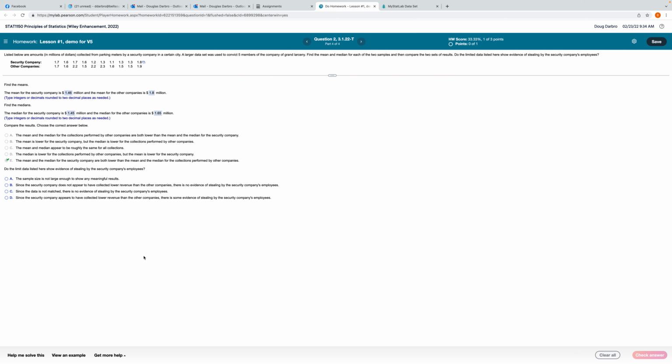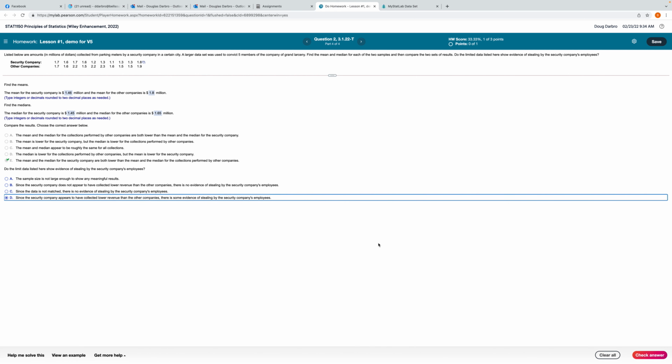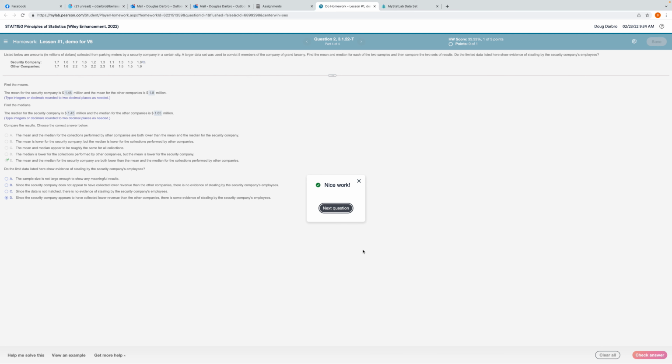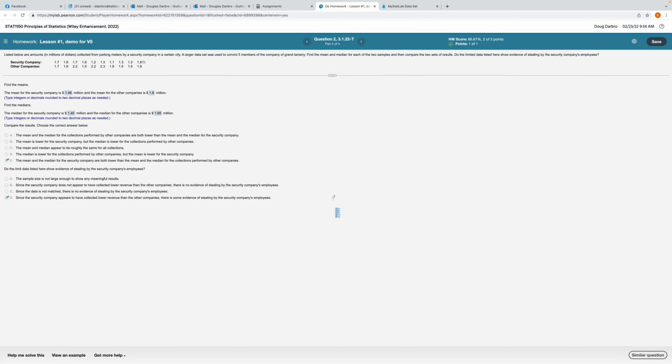D, since the security company appears to have collected lower revenue than the other companies, in both cases by the mean and the median, there appears to be questionable practices going on here according to the data. So I would select that answer.